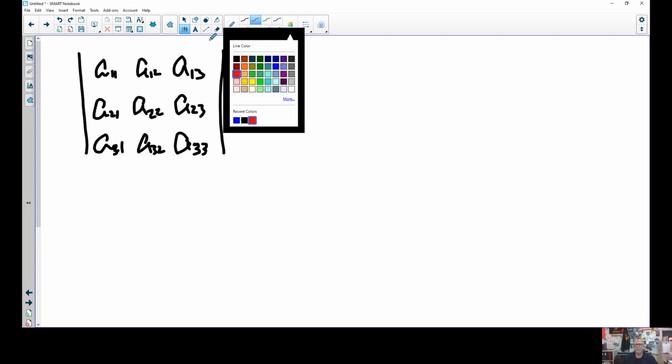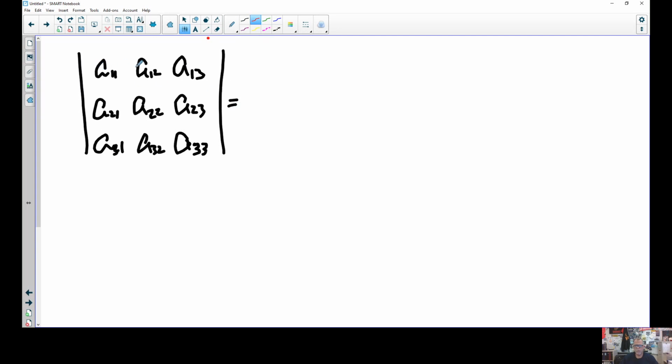The way we do this is we look at this first row, and we start by looking at this value. That's the first value we're going to write down, is A11. And when we write that down, we're going to eliminate the row and the column that it's in and just focus in on these 4 that are left.